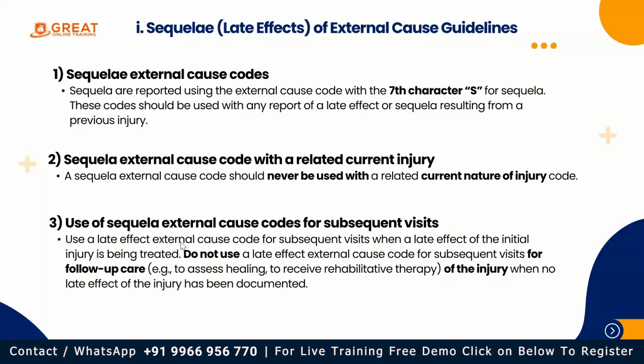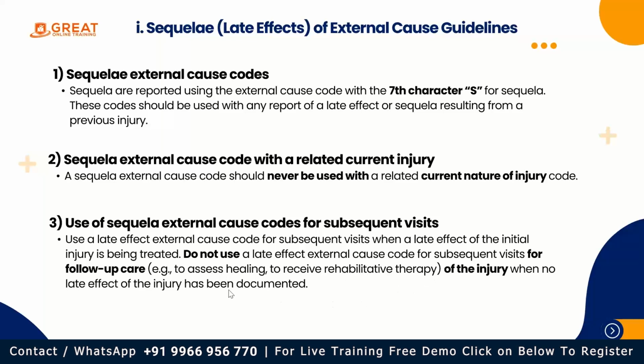Use a late effect external cause code for subsequent visits when a late effect of the initial injury is being treated. Do not use a late effect external cause code for subsequent visit for follow-up care, for example to assess healing or to receive rehabilitative therapy.